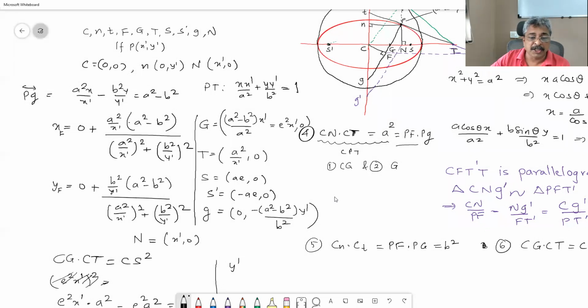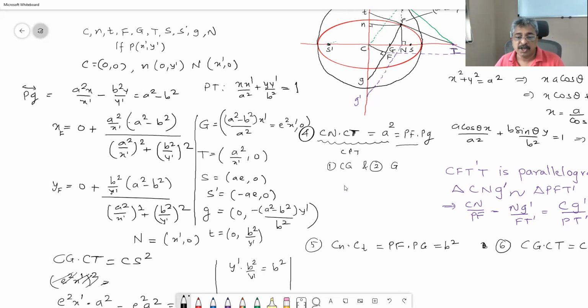Okay, so small t is the tangent intersecting y-axis, so x is equal to 0. So small t is 0 comma b square upon y dash. Okay, so Cn is y dash and Ct is b square upon y dash, therefore it is equal to b square.